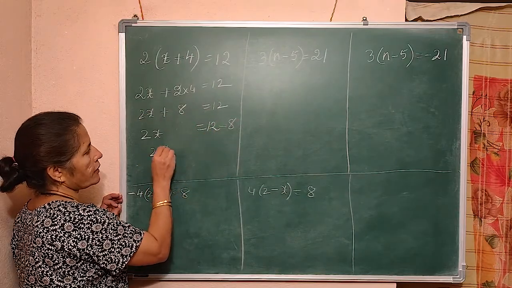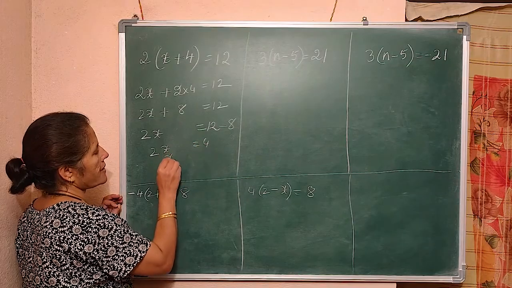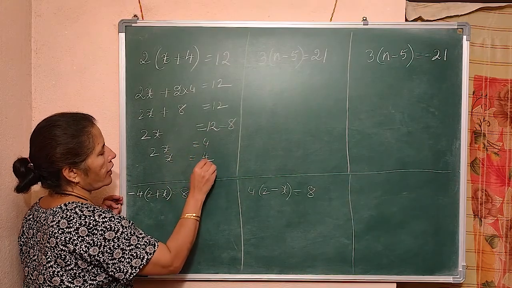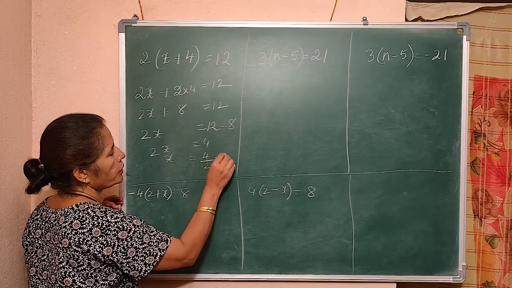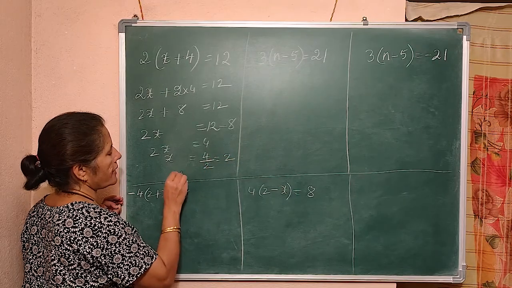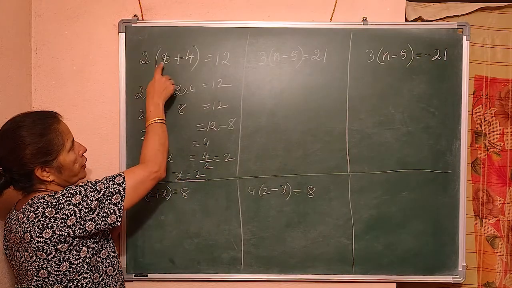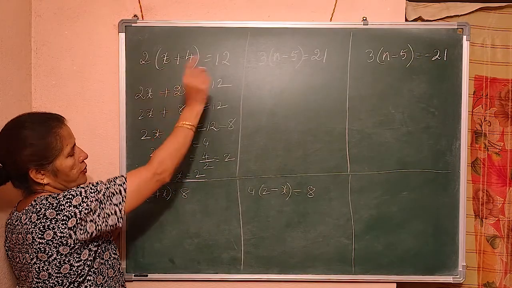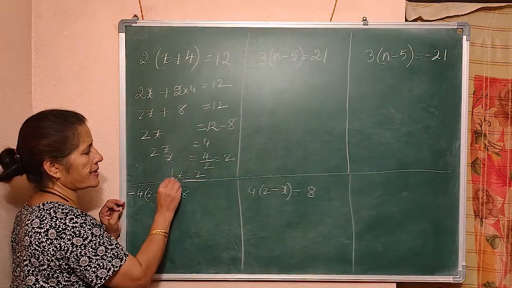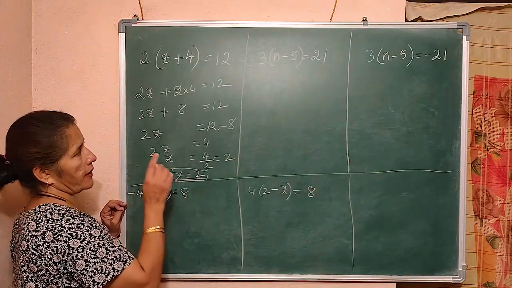So 2x is equal to 4, x is equal to 4 divided by 2 is equal to 2, right? So x is equal to 2. So 2 into 2 plus 4 is 6, 2 6s are 12, correct. Our answer is correct. Go to the next one.